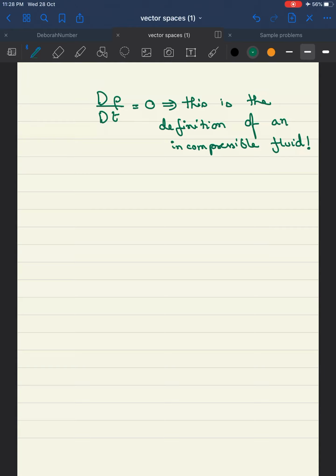So the fact that it is incompressible does not necessarily mean that the density is same everywhere in the flow.